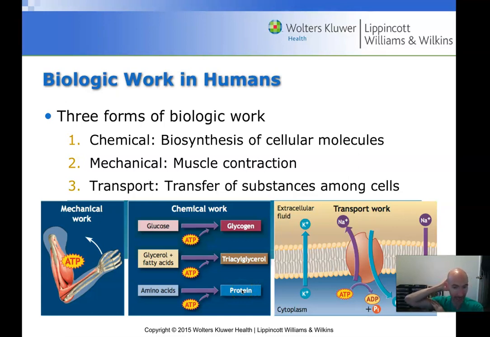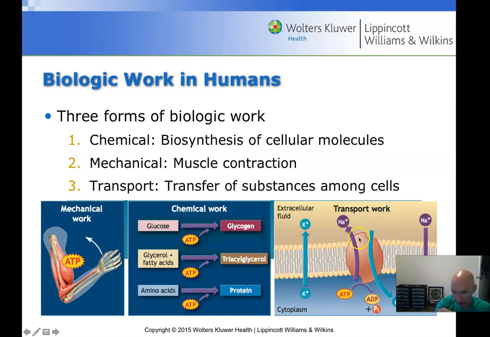So when we get into the energy systems in a couple chapters, you'll see that there is an energy requirement. We have to put in energy to get energy, okay? So some of the ATP that we have in our body is used for that conversion process, for the production of chemical work, okay? Then we also have transport, okay?